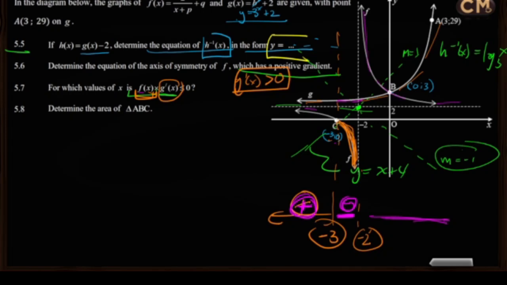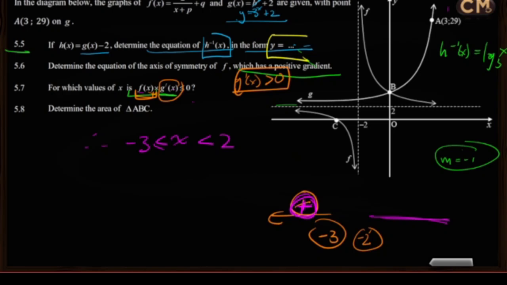It stays above the y value too. So all the y values for f over there are positive, and then the gradient for g just becomes more and more positive. So everything over there is positive as well. So we are stuck between these two values. Therefore, x is greater than or equal to negative 3 and less than negative 2. Why not less than or equal to? Well, this is still an asymptote and we still have to obey that law.